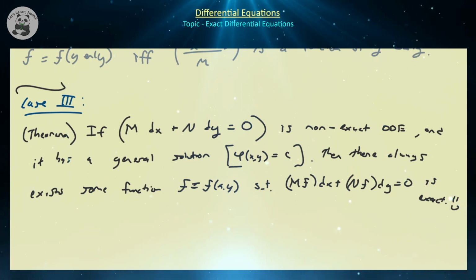So there always exists some function of both variables at the most, such that you can multiply this non-exact equation by it, obtain an exact equation, and then solve. But as far as what that function is, it's really hard to say, and it possibly is not even a function you've ever seen before. But it exists. At least that much we can guarantee.